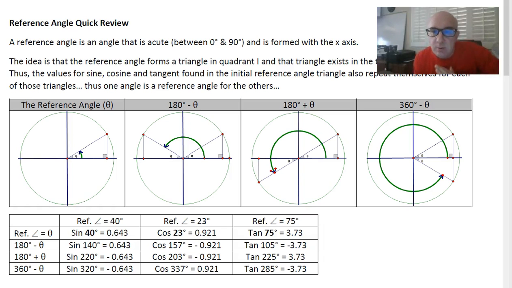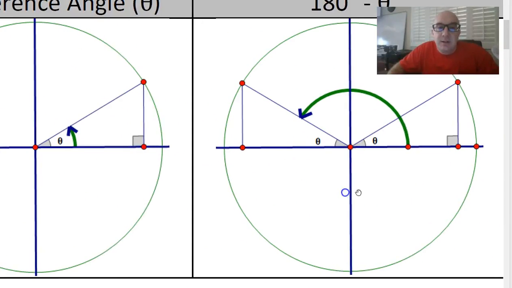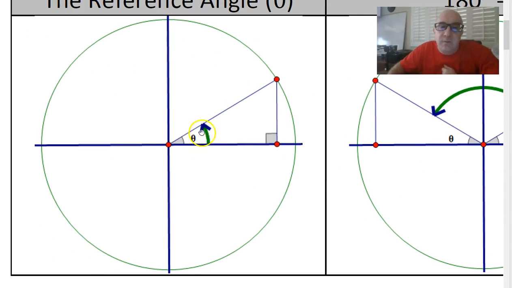So again, just to review, a reference angle is between 0 and 90, always formed with the x-axis. And the idea is that if we can figure out what one reference angle is, so let me zoom in here for a second on this guy. If I have this nice little triangle in quadrant 1 and its angle is, let's say, 40, there are 3 other times.